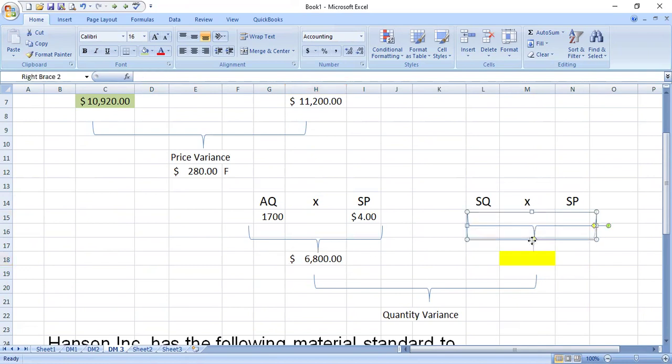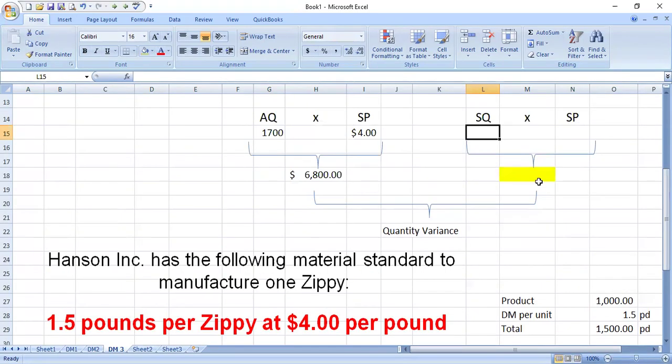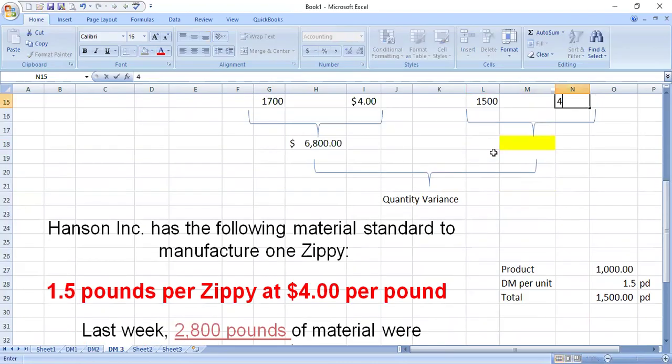And based on our standards, we still have to use 1,500 pounds. So 1,000 ZPs times 1.5 pounds. So that will be 1,500 pounds times the standard price, which is still $4. And we're going to get this calculation here, 1,500 times $4, and it's going to give us $6,000.